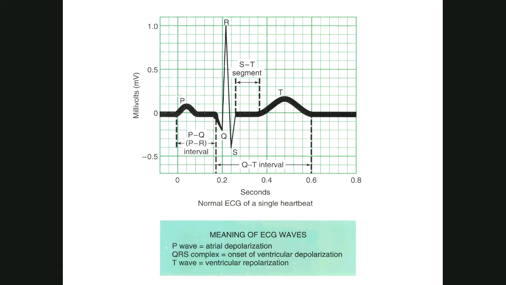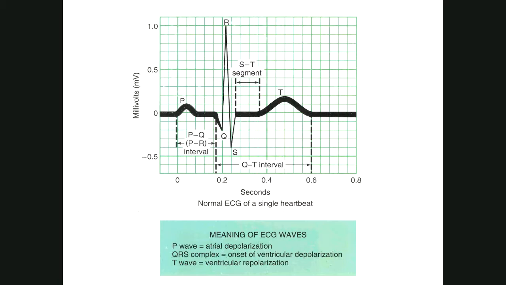Well, he decided to use the letters of the alphabet, but he didn't start with A, he started with P. So this is the P wave, this is the Q wave, the R wave, the S wave, and the T wave. Well, these letters don't stand for anything, but they do represent things. And here's what they represent.